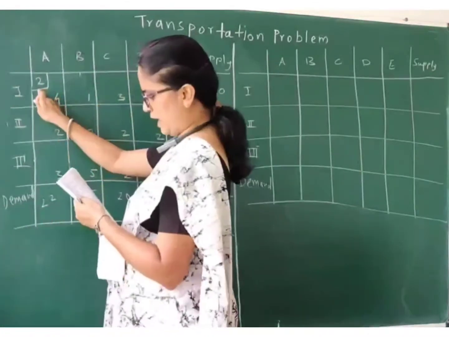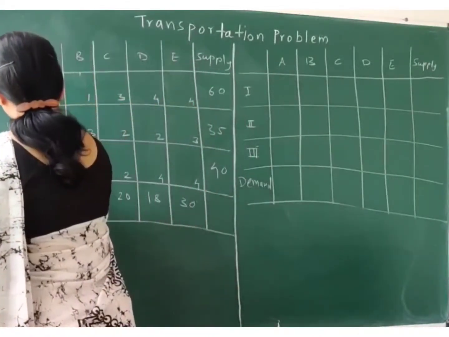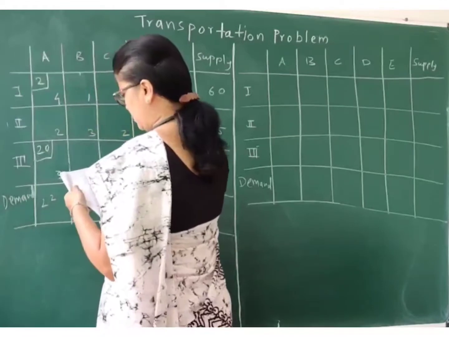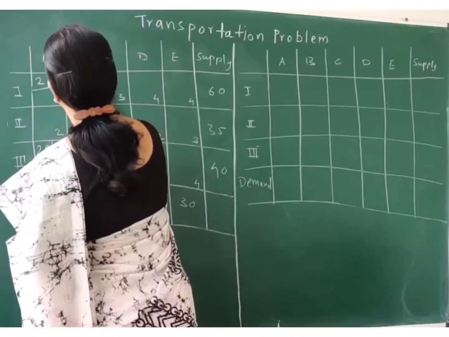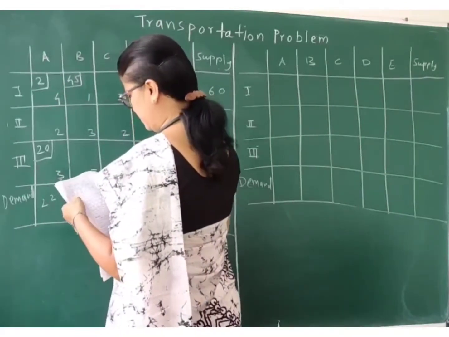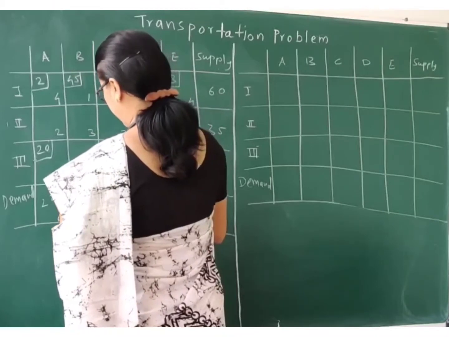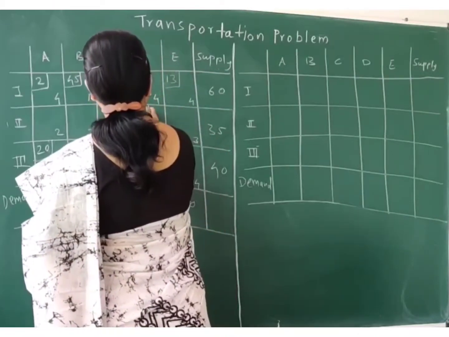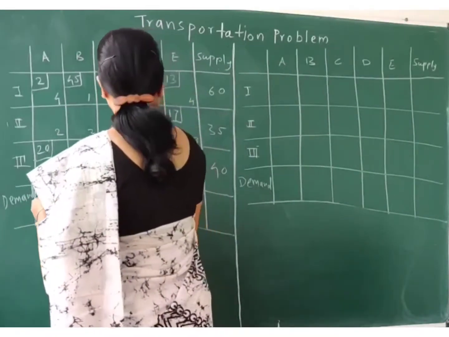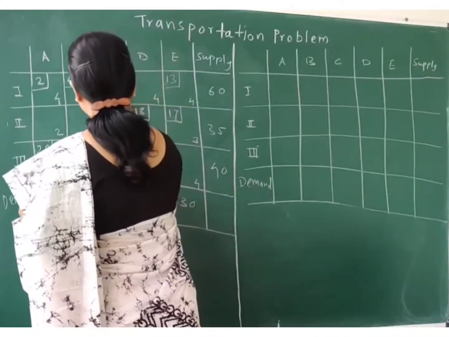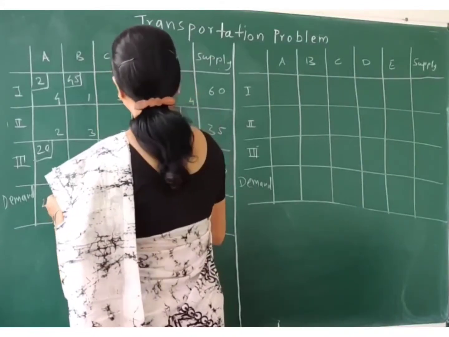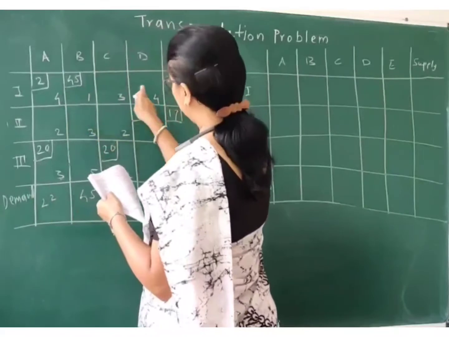For the cell A11 I have allocation as 2, then in the same column I have allocation as 20, then I have 45, 13, then we have 18 and 17, then we have allocation as 20, and so it gets finished right away. 2, 45, 30.